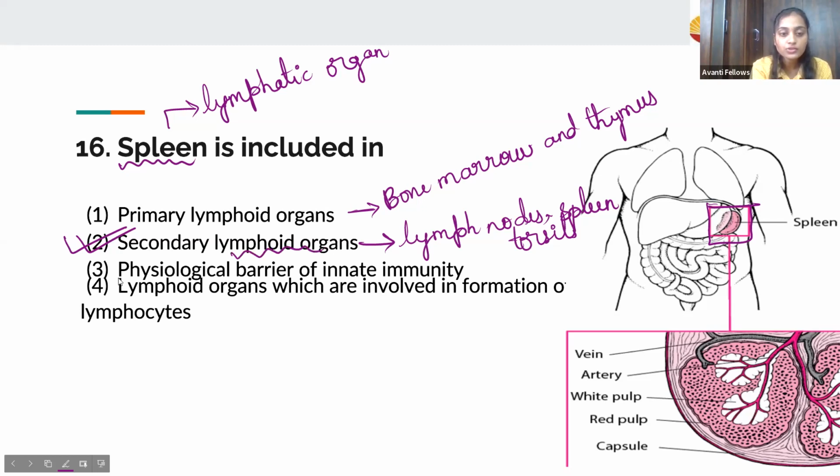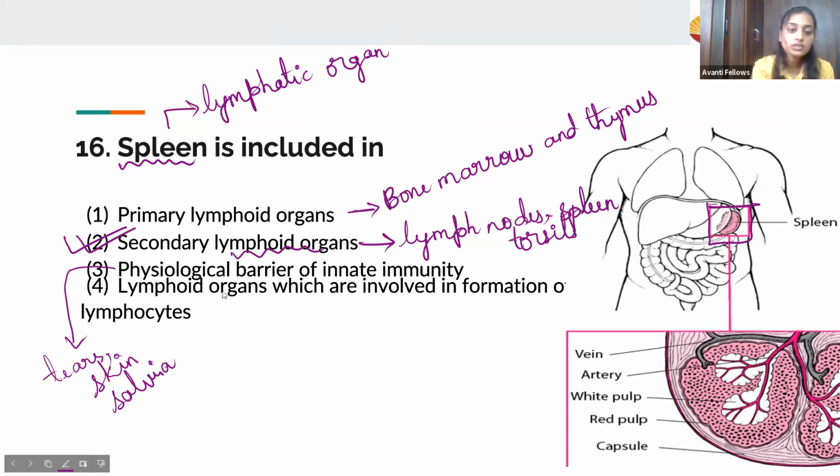Again, the physiological barriers of innate immunity are nothing but your tears, skin, saliva. All these are the physiological barriers of innate immunity, which don't allow microorganisms to enter our body.